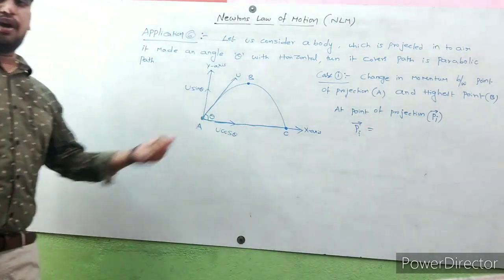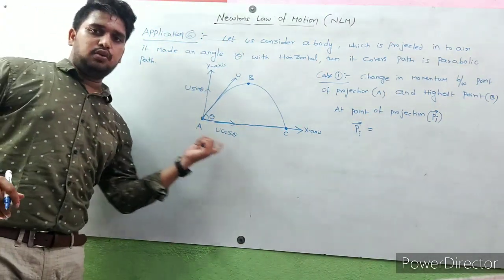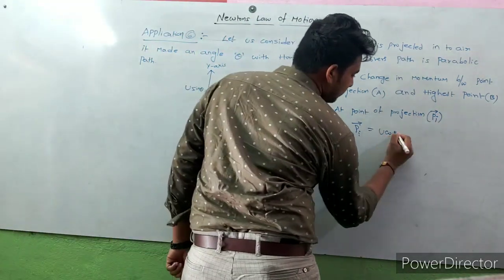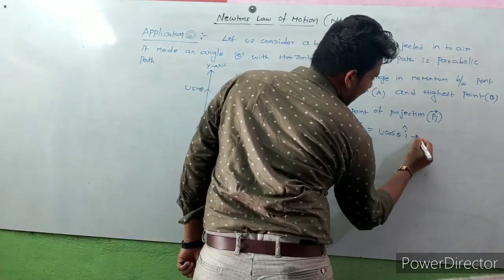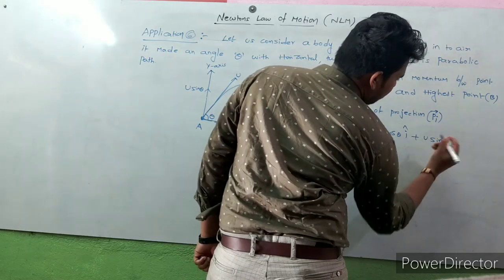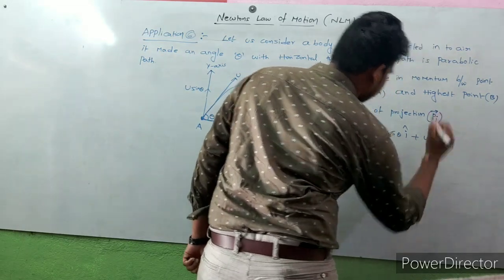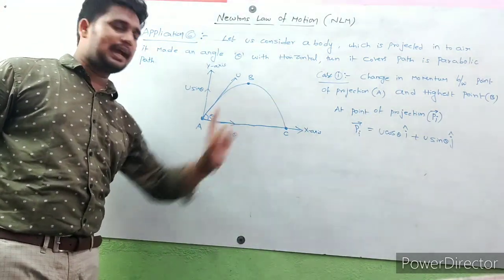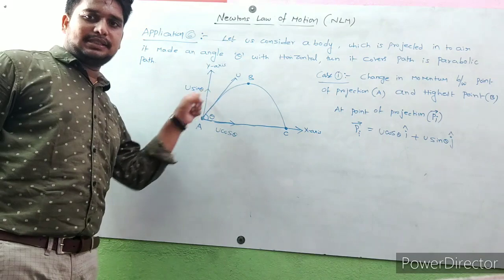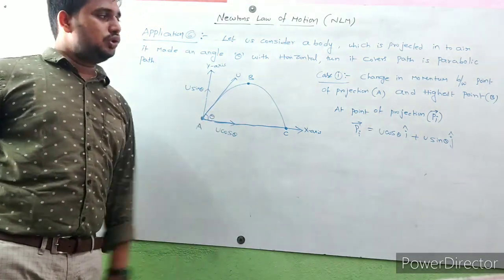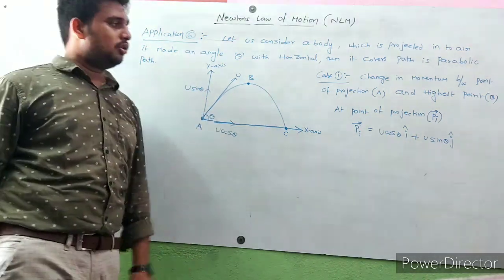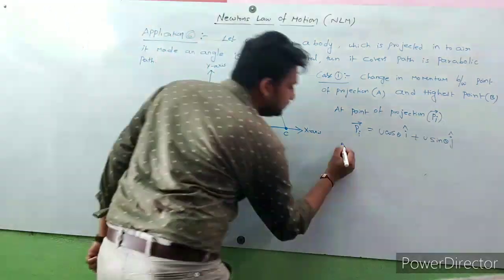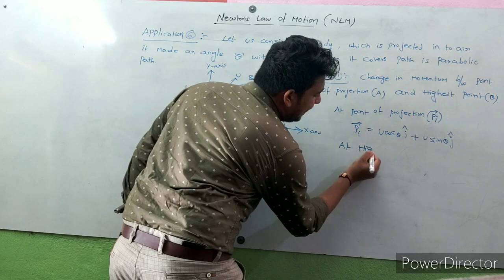Observe carefully, at point A, the momentum is u cos theta and u sin theta. So p i bar is equal to u cos theta i cap and u sin theta j cap, because this is the positive x-axis, that's why I'm taking i cap, and the positive y-axis we take j cap.